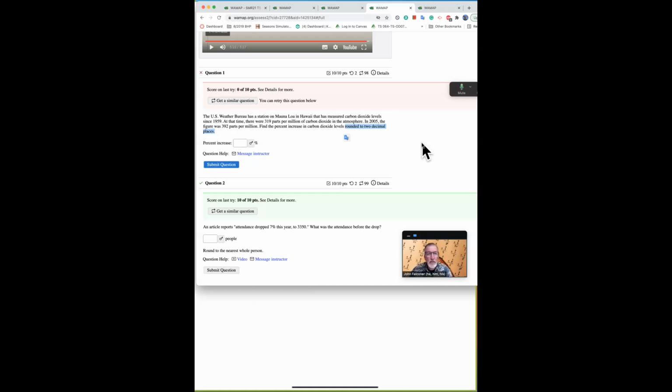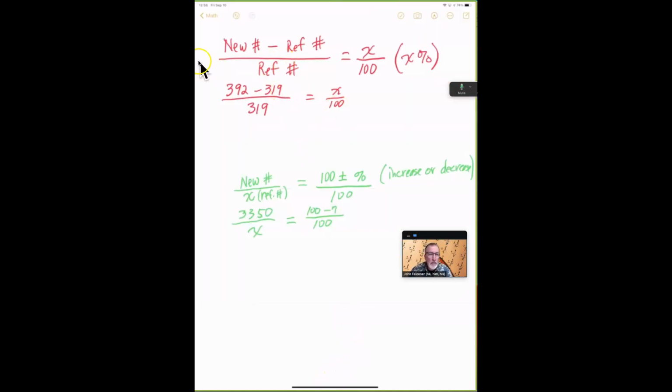And then let's take a look at how to calculate this, the change. How much did it increase, the percent increase? Okay, so let's take a look at my tablet. The little formula you can use is, they give you 2 sets of numbers. The first one is a reference number, and the reference number is the one that you are basing your study on.